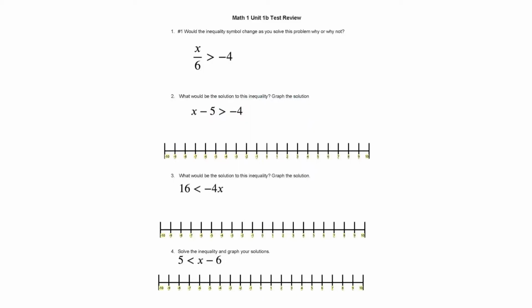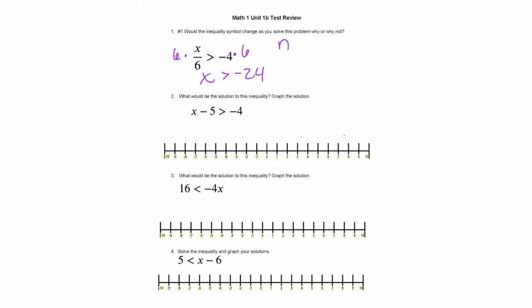review. Question number 1. Would the inequality symbol change as you solve this problem? Why or why not? So let's just go ahead and solve it. We're going to multiply both sides by 6, so we get x is greater than negative 24.